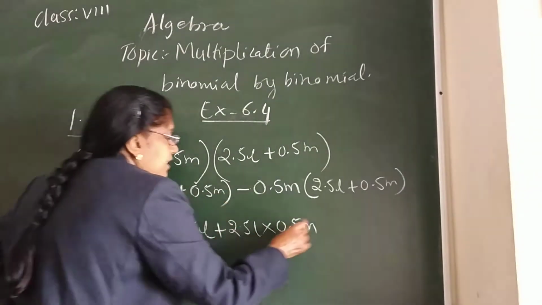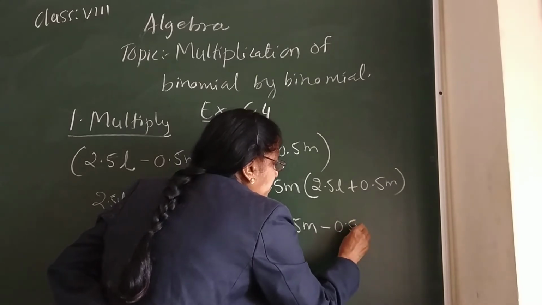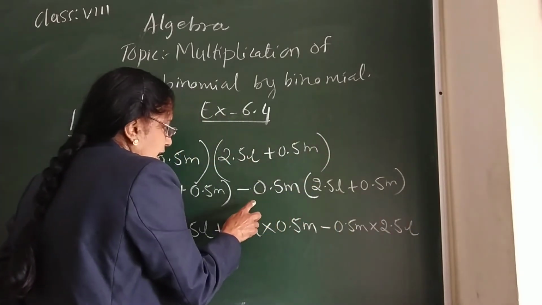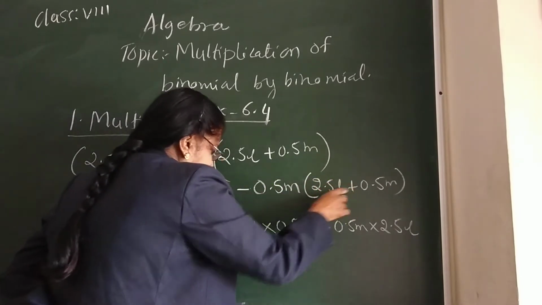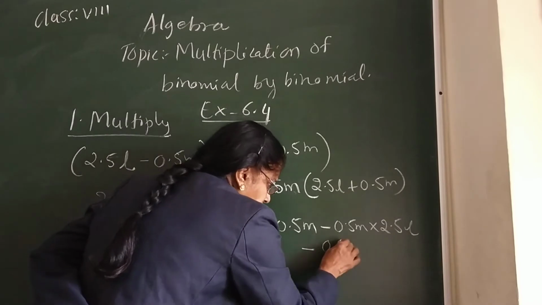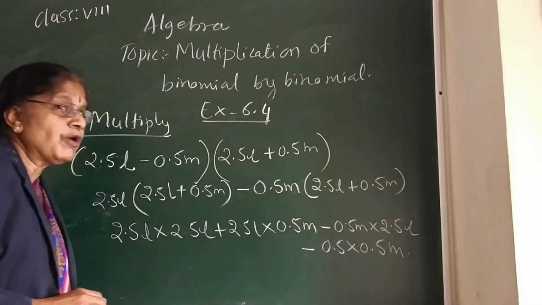Second also we are doing the same way. What sign is there? Minus 0.5M into 2.5L. Then minus into plus is minus. So 0.5M into 0.5M.